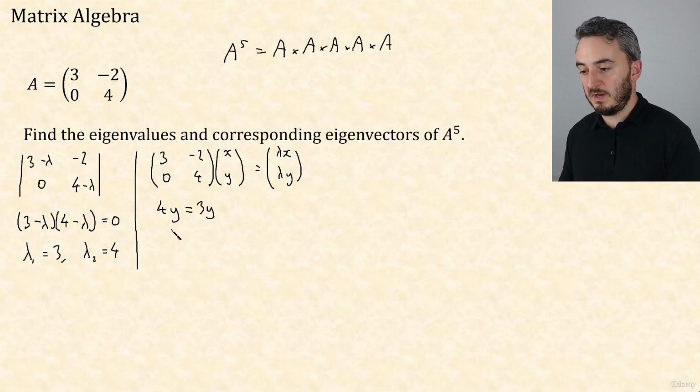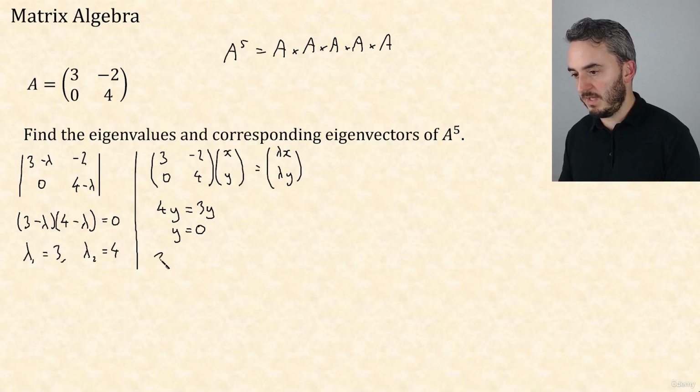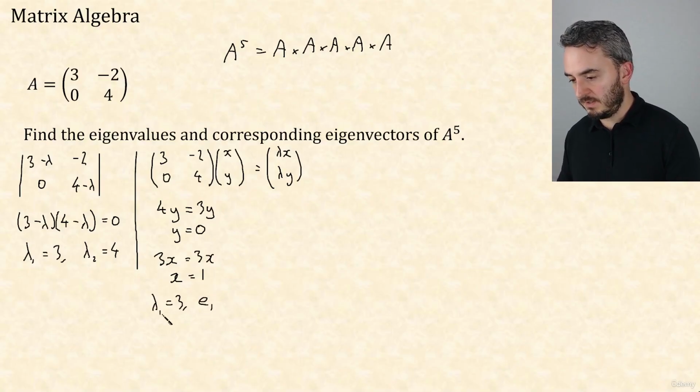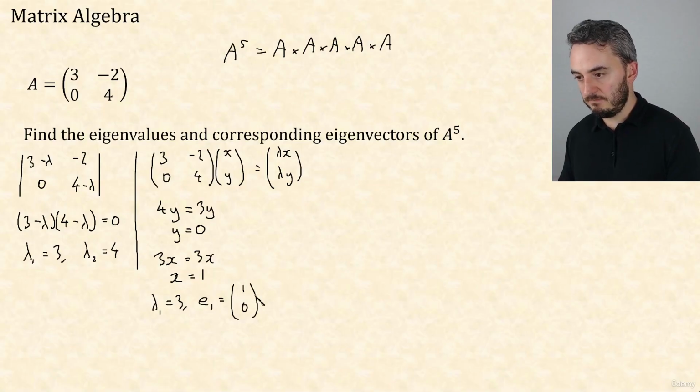Well, that implies that y is 0. Running across the top row, we get 3x minus 2 times y, which is 0, should equal, when lambda is 3, 3x, which means that x can be anything. So let's say x equals 1. So when lambda equals 3, our first eigenvector is just x equals 1, y equals 0.